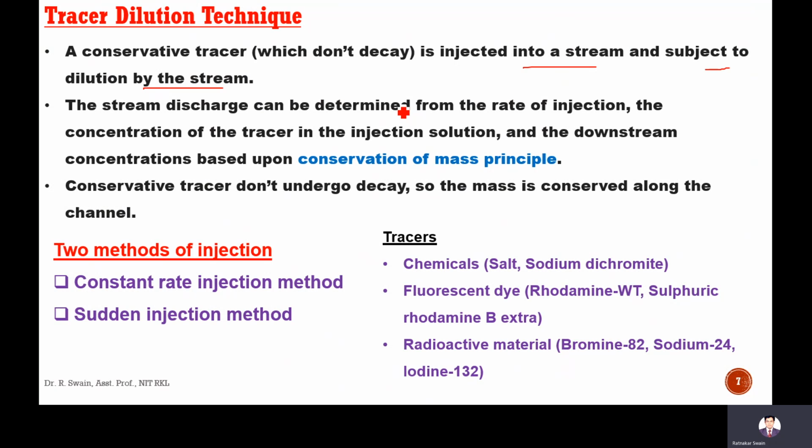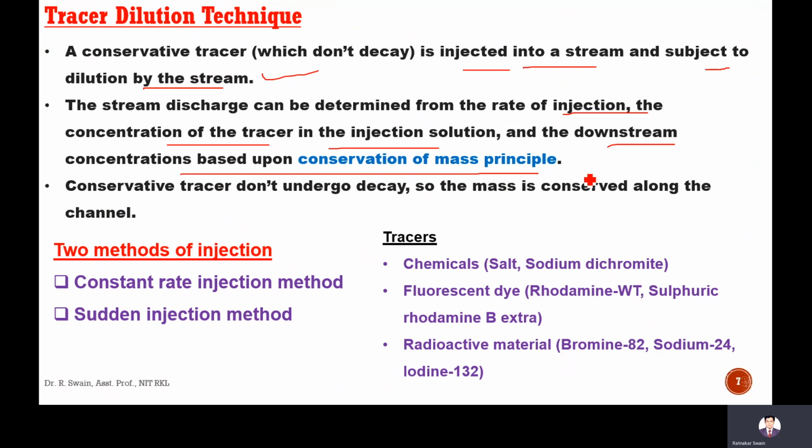After some distance from the injection point, the solution will be fully diluted. So the stream discharge can be determined from the rate of injection, the concentration of the tracer in the injection solution, and the downstream concentration, based on the conservation of mass.